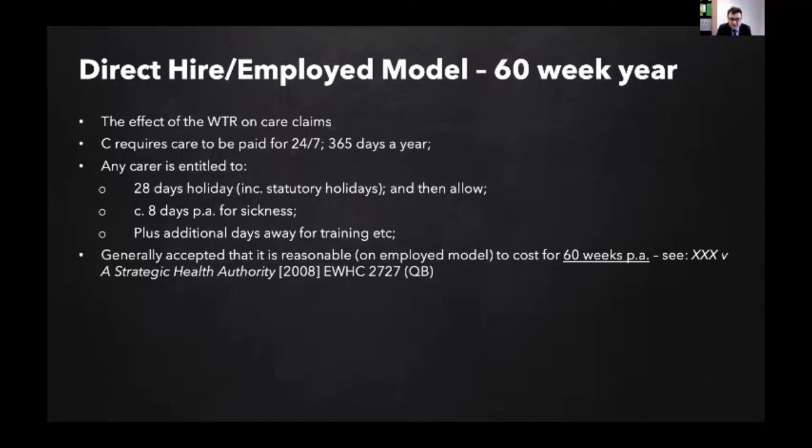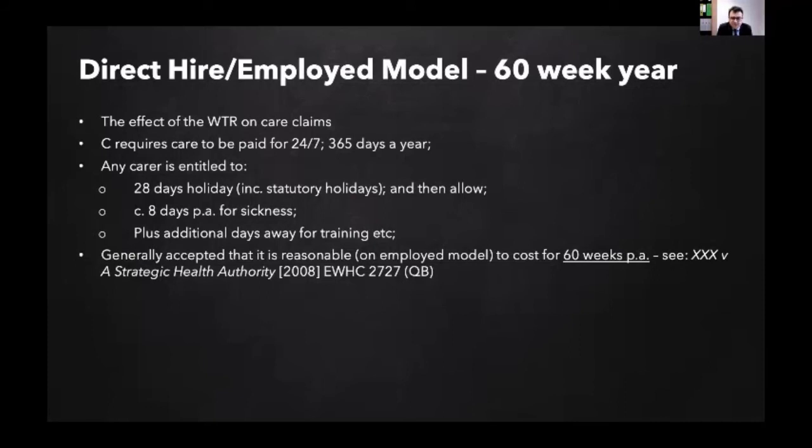And what you find in reality is that there's usually a team of about 6, 7, possibly 8 carers, all on a rota, providing 24/7 care. But that time off, the 28 days of holiday per year, plus around 8 days allowance for sickness, plus additional days away for training, means that if you require one carer to provide care on a 24/7 basis, you will need to pay for about 60 weeks' worth of carer time rather than 52 weeks.